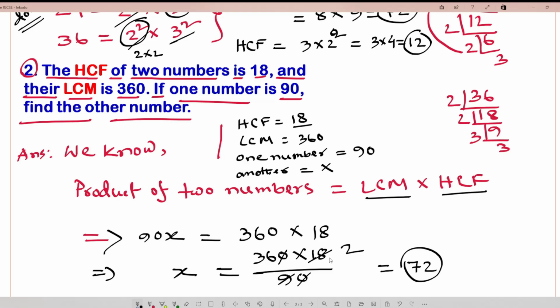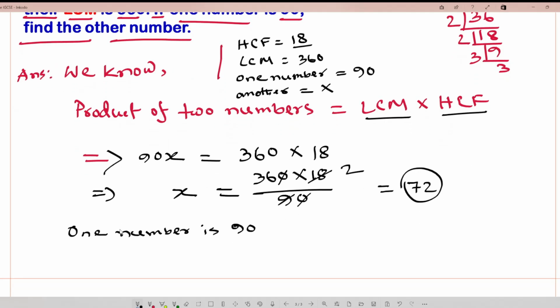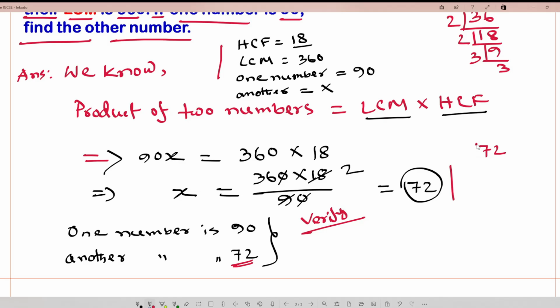This is our answer. So look, one number is 90, another number is 72. Now we can verify. How? This 72, once we make prime factorization, divide by 2, it will be 36, divide by 2, it will be 18, divide by 2, it will be 9, divide by 3, it will be 3.